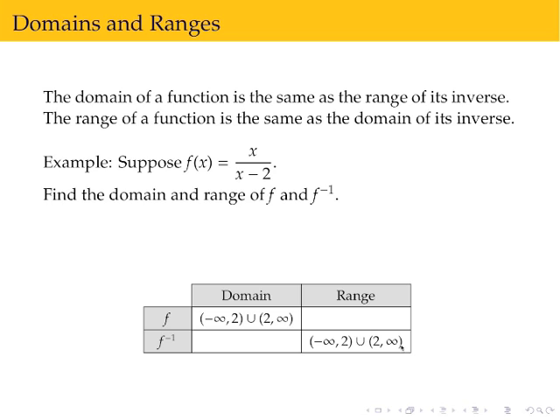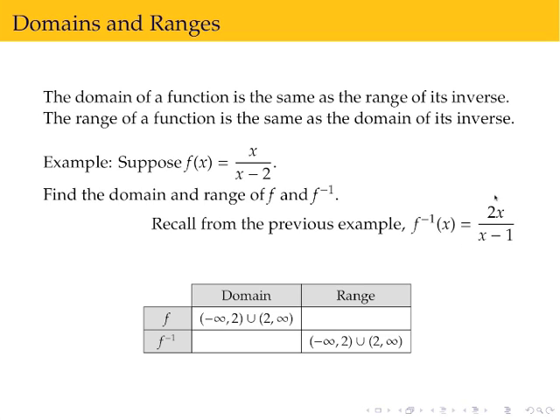Now, in order to answer the range of the original function, the easiest way is to look at the domain of the inverse function. So notice that I used the same function from the previous slide, where we had found that its inverse was 2x over x minus 1.